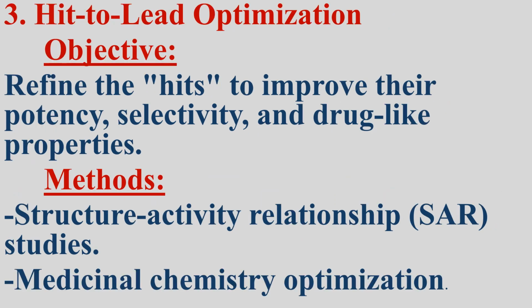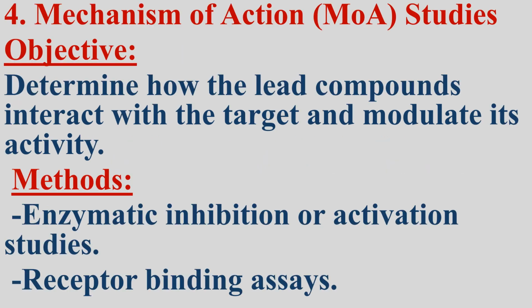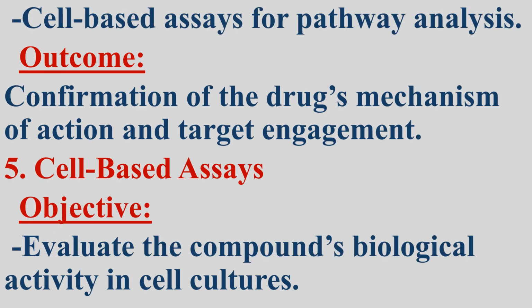For hit-to-lead optimization, methods used are structure-activity relationship studies, medicinal chemistry optimization, and biochemical assays to evaluate improved efficacy. Concerning mechanism of action studies, methods used are enzymatic inhibition or activation studies, receptor binding assays, and cell-based assays for pathway analysis.